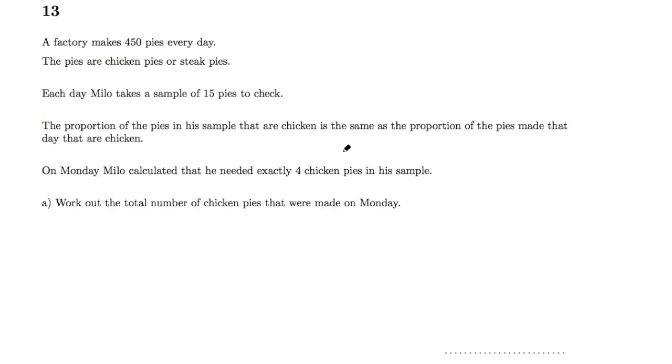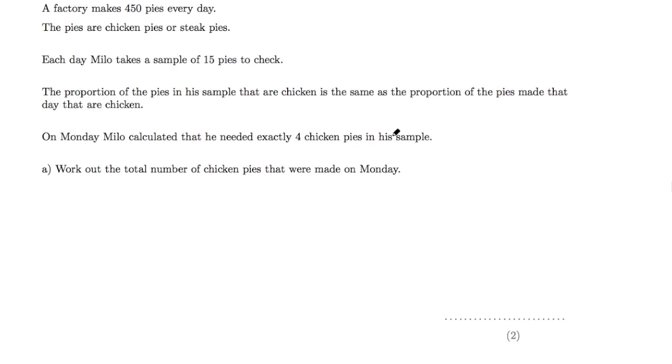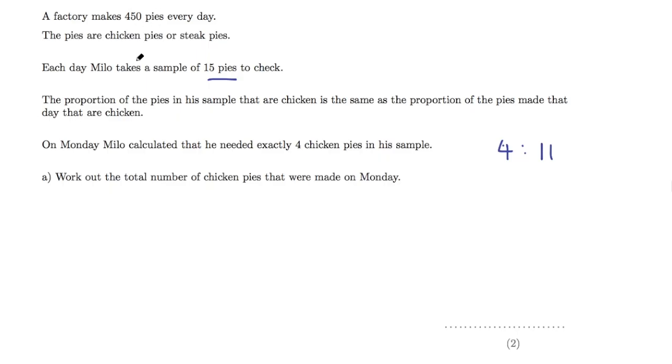Okay, so we know that in his sample he has 4 chicken pies. So in his sample the ratio would be 4 to 11, because we know there's 15 pies in the sample. And overall they made 450 pies. So in this ratio, what is one part worth? Well, we can work that out by dividing 450 by 15.